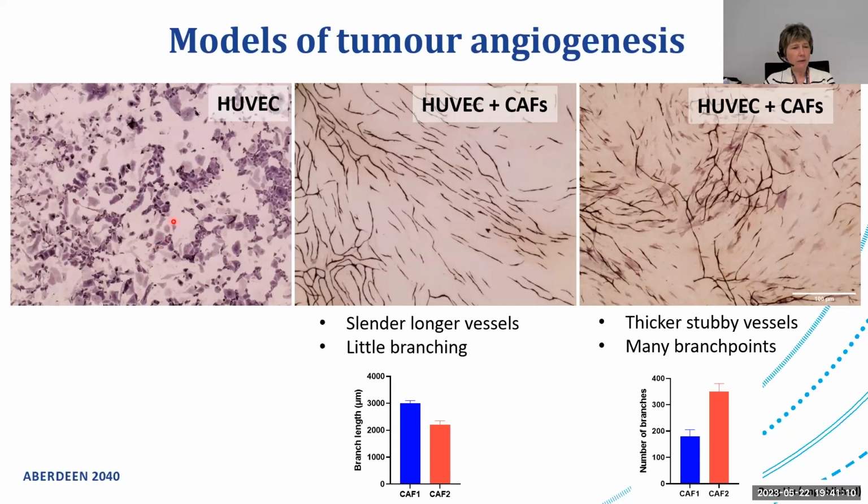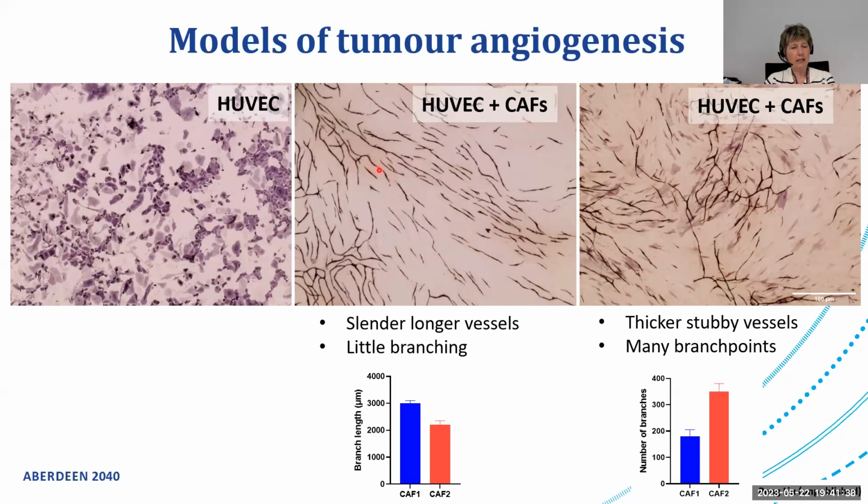So this was taking HUVEC cells, the human umbilical vein endothelial cells, which are shown here. And we seeded these onto a carpet of fibroblasts. You can't really see the fibroblasts there in the background. And depending on the type of fibroblasts, depending on which type of breast cancer they came from, we see differences in either the length of the branches.